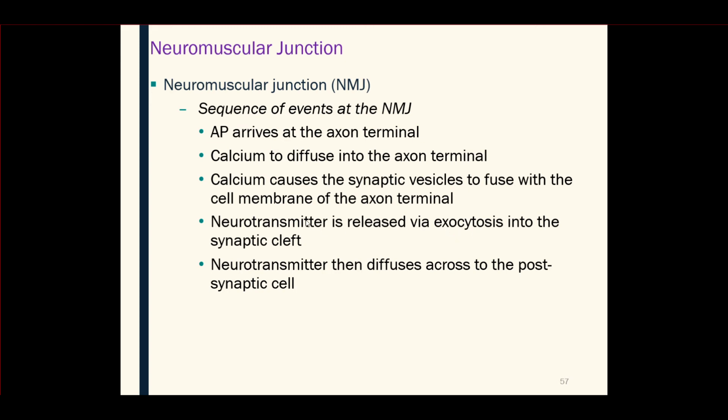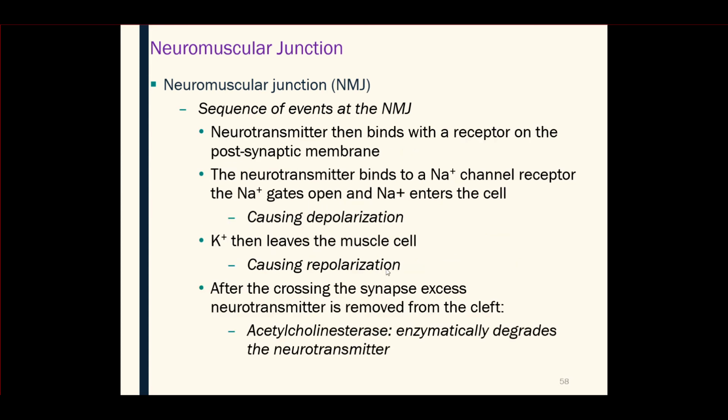The neurotransmitter goes into the synaptic cleft. From that point, the neurotransmitter, which is acetylcholine, is going to diffuse across the synaptic cleft towards the motor end plate. That process of going from an area of high concentration to an area of low concentration is diffusion.